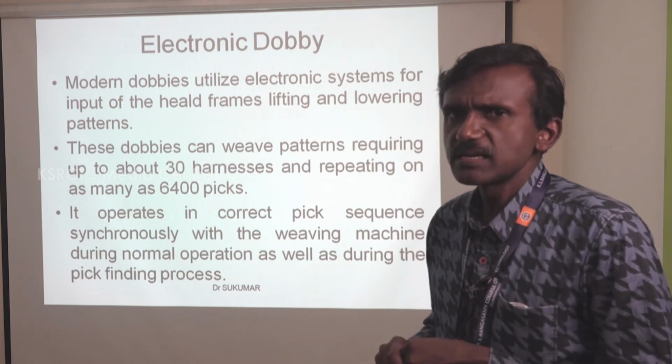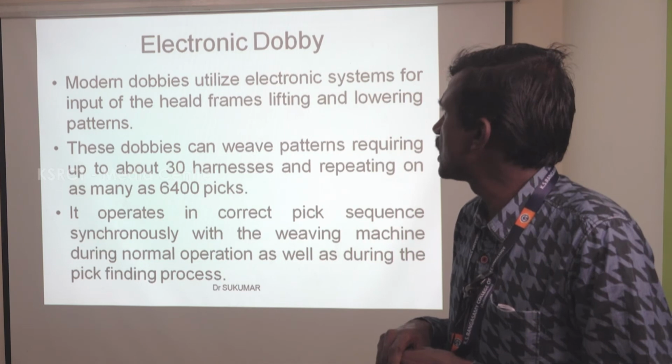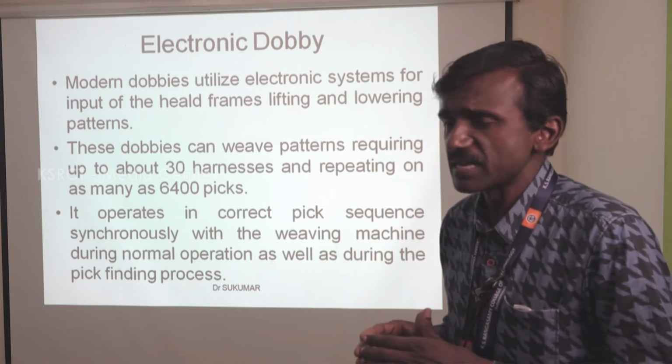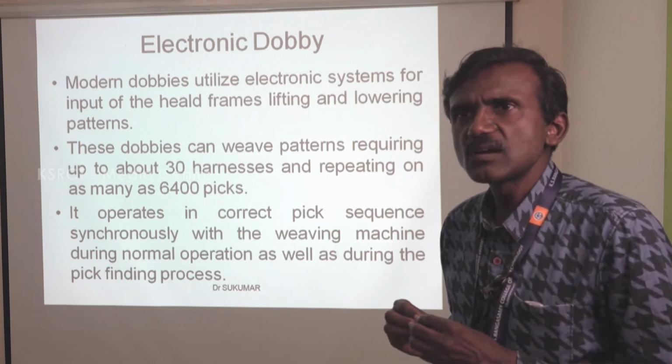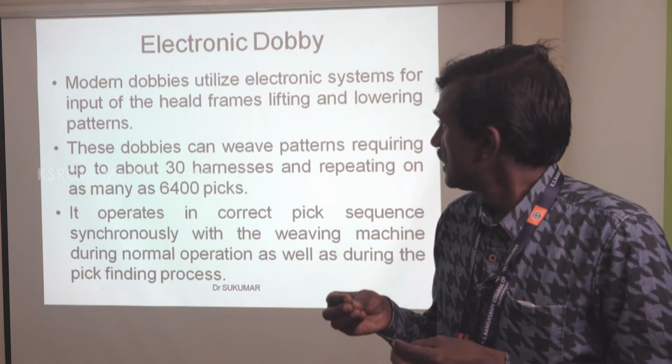Next is the electronic Dobby mechanism. In the case of electronic Dobby mechanisms, modern Dobbies utilize electronic systems for input of heel frame lifting and lowering patterns. Here, instead of pattern cards and paper cards, the pattern is electronic, in the form of a soft copy.